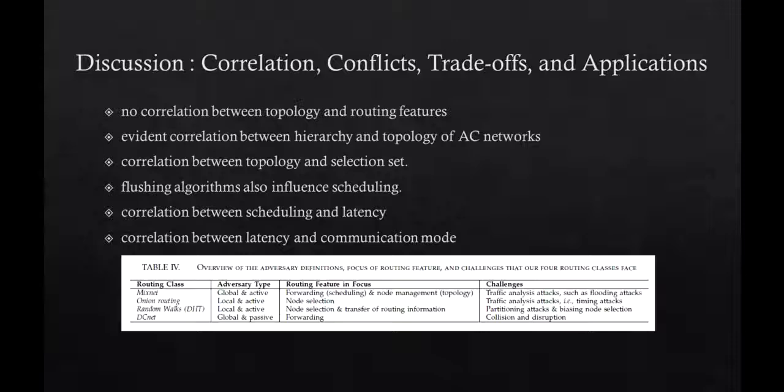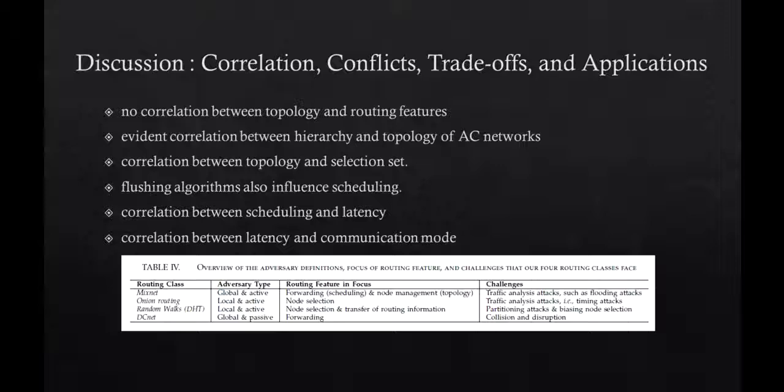The third is correlation between the topology and selection set. That is, restrictions in the selection set will lead to reduced connectivity, which will lead to reduced topology, that is partial topology. Fourth, flushing algorithms will also influence scheduling, like say, pool mixers have prioritized scheduling.